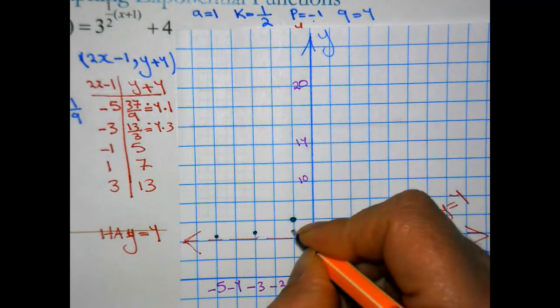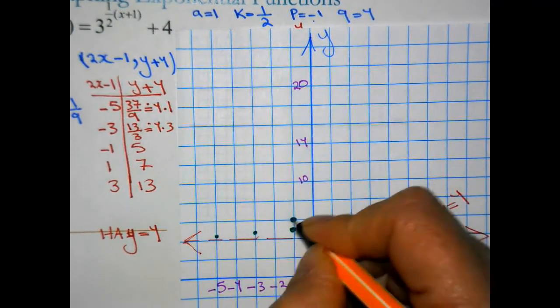So this is 4, the 5 is going to be here, sorry.